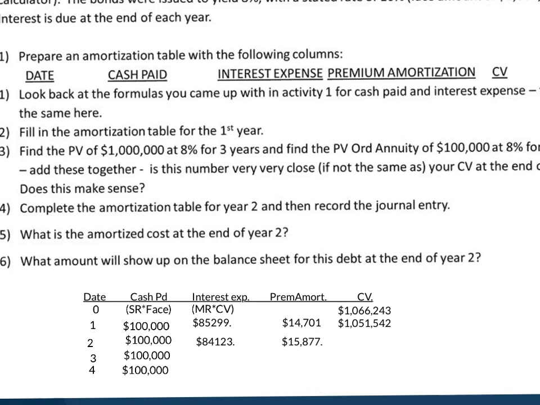Rolling right along, and I come up with 1035. 665 is actually where I'm going to end up based on my rounding. All right, so there's my year 2. And then I ask you, complete that and record the journal entry.